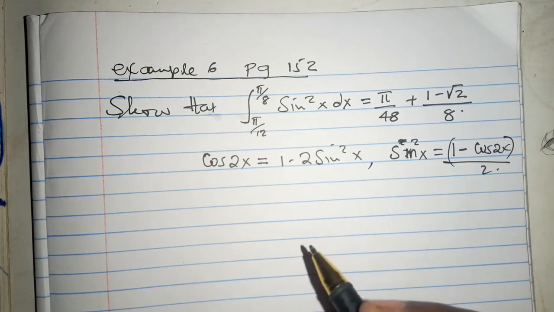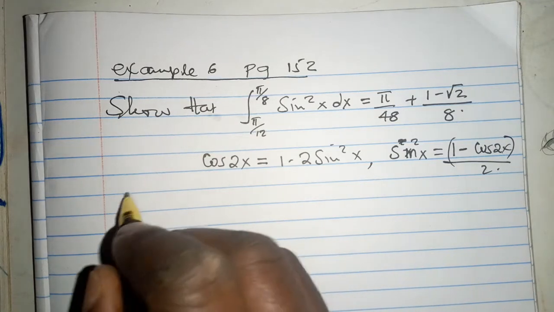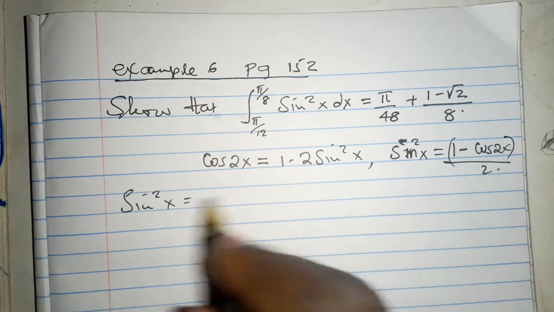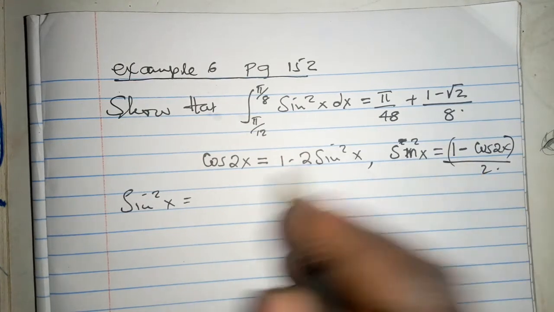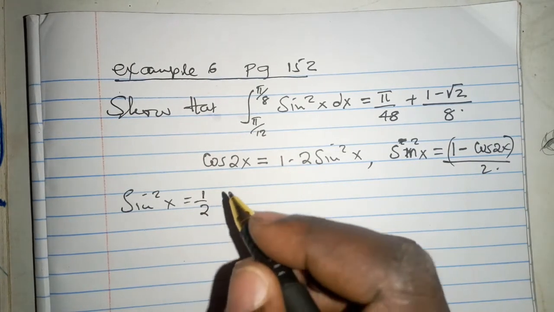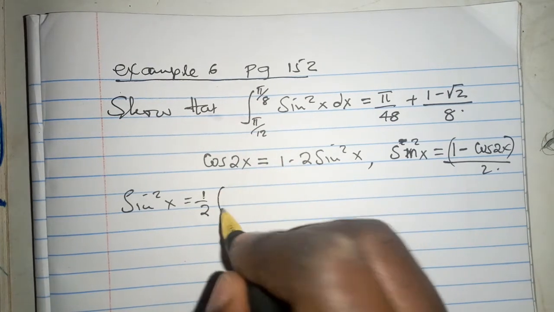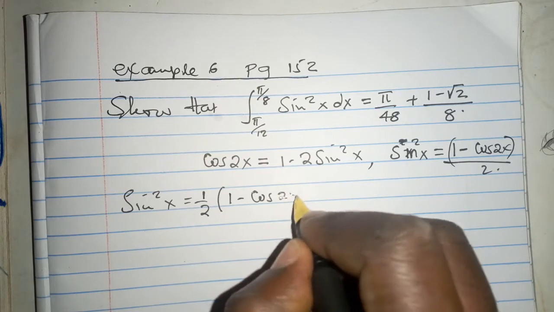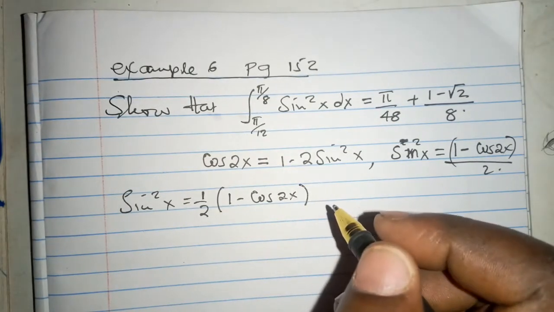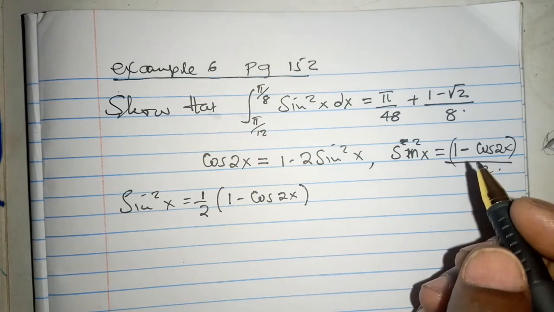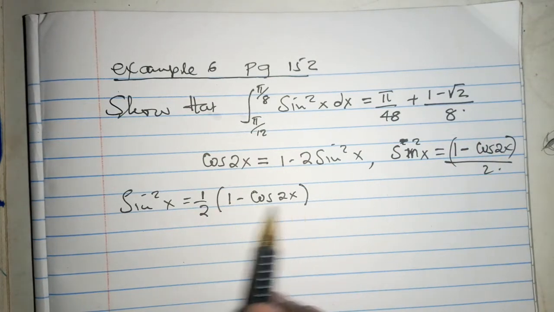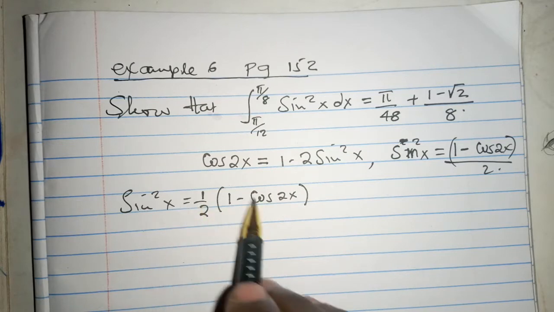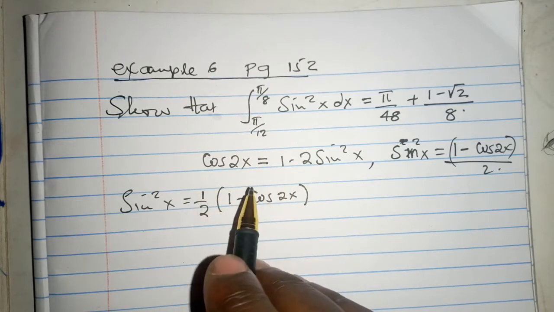So sine squared of x is equal to a half, opening the brackets, 1 minus the cosine of 2x. That is easy, and the whole of this expression is now quite integratable.